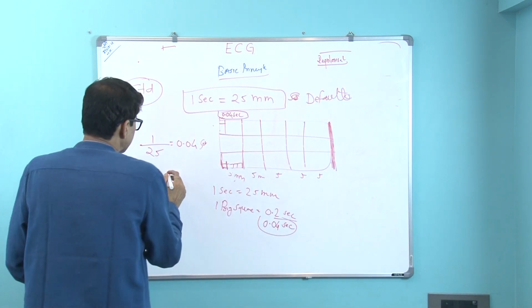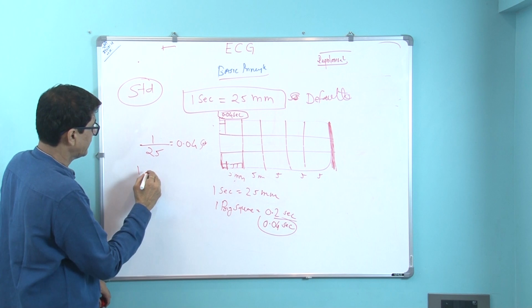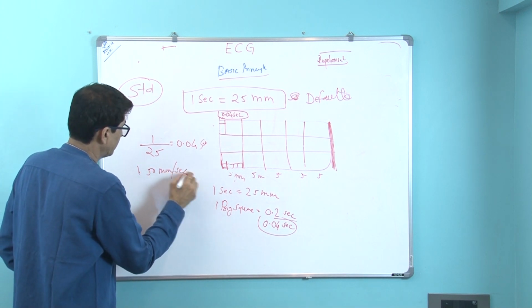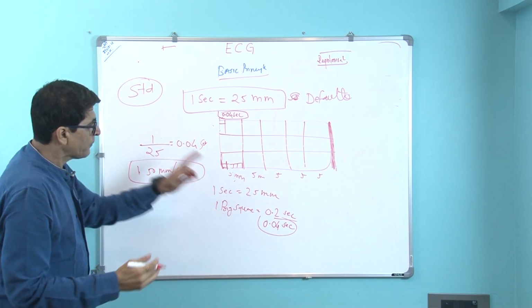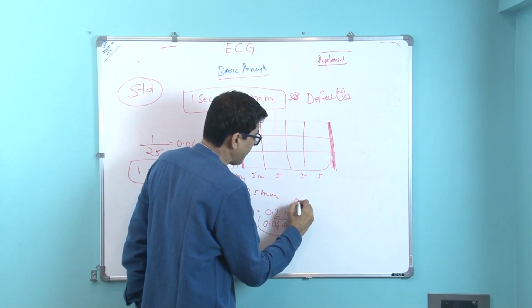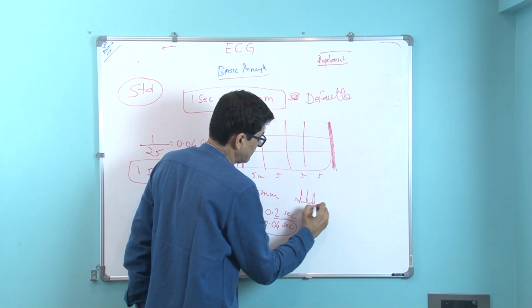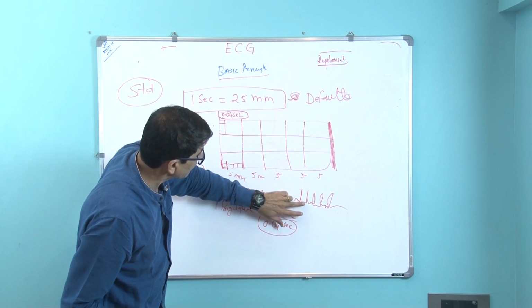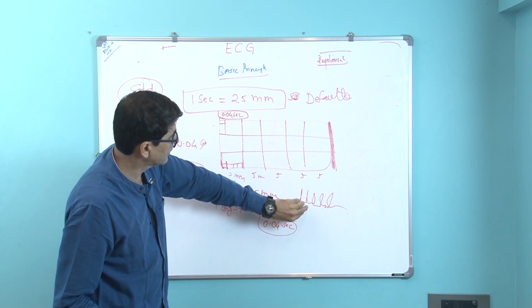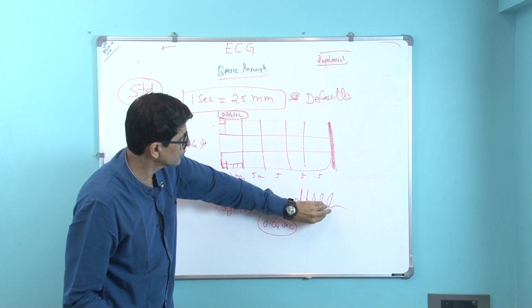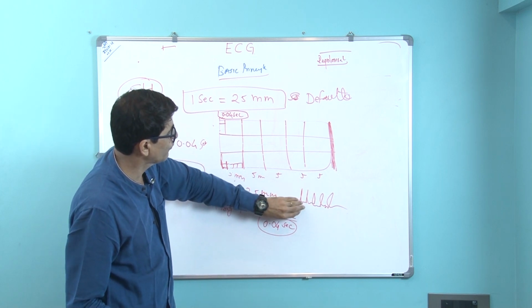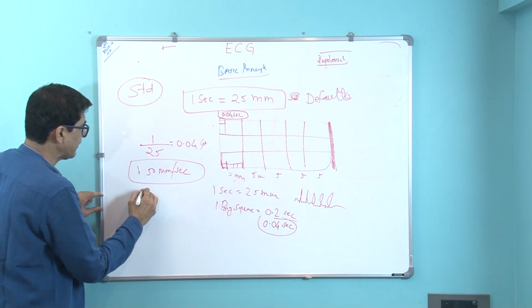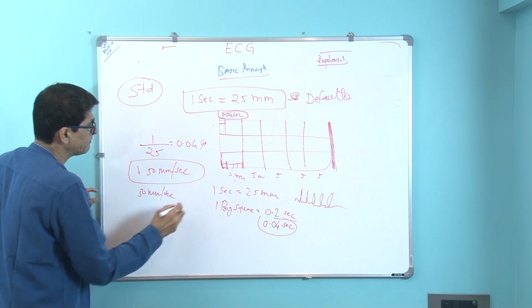You can make it 50 millimeter per second. Suppose the patient's heart rate is very fast, so you are not able to evaluate the small waves here. You don't see very clearly what you want to see. So you make the speed 50 millimeter per second.